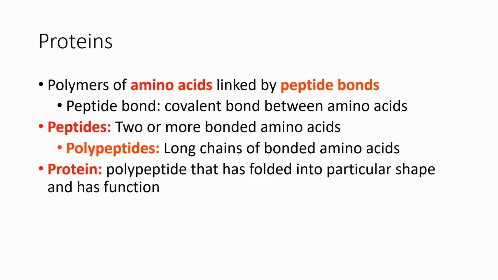Proteins are by far the most varied and most diverse group of biomolecules. The thing they have in common is that they are all made of amino acids, and these amino acids are linked to each other by peptide bonds. Anytime you see P-E-P-T, that means you're looking at something related to proteins.